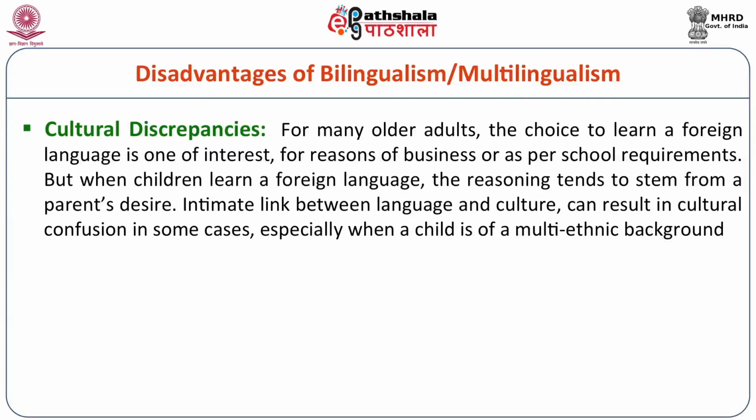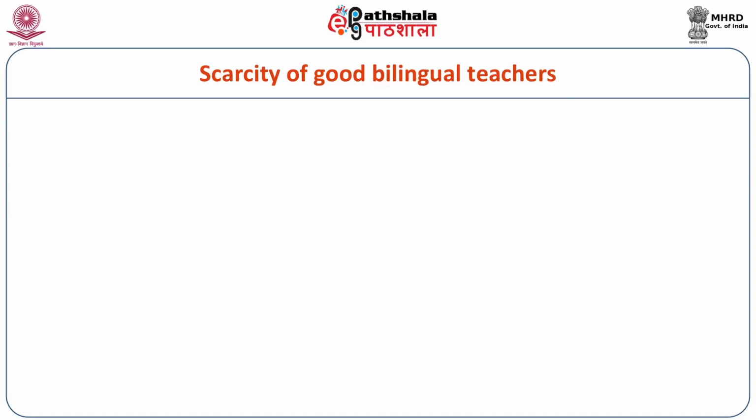Whether the child wants that, whether the child is comfortable in learning that or not, is not the issue. Intimate link between language and culture can result in cultural confusion also in some cases, especially when a child is of multi-ethnic background. Then the major problem that comes in this field is the scarcity of good bilingual teachers.